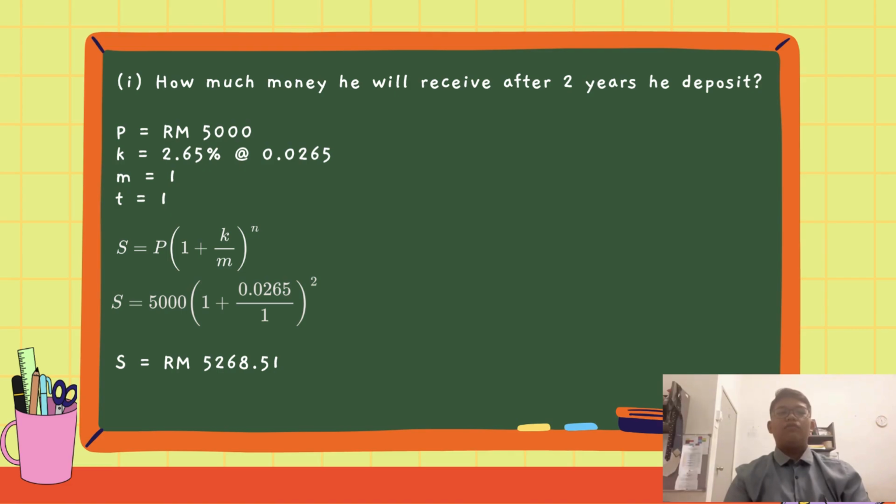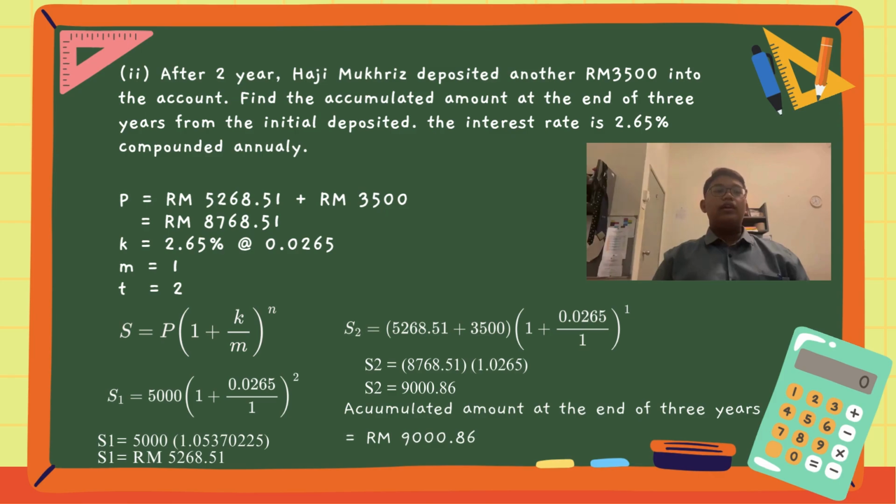S equals 5,000 bracket 1 plus 0.0265 divide 1, the power of 2. So the answer for first question is 5,268 ringgit 0.51 cent.